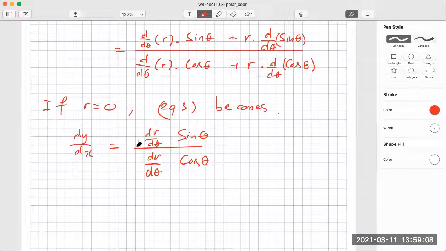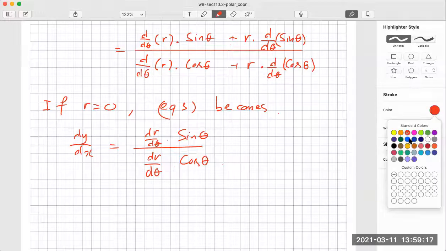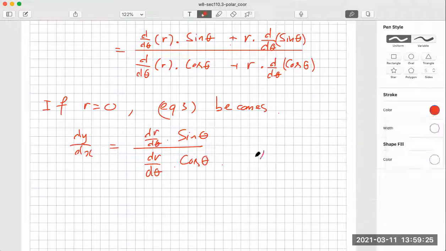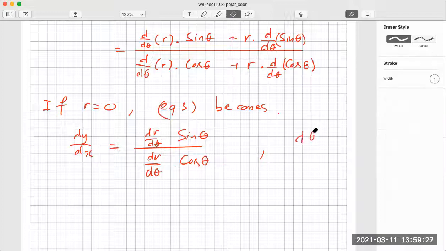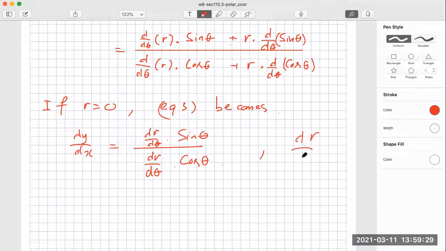What happens if dr over d theta is equal to 0? Yes, it's undefined, right? This fraction is undefined. So we have the condition that dr over d theta should not be 0, otherwise it is not defined.